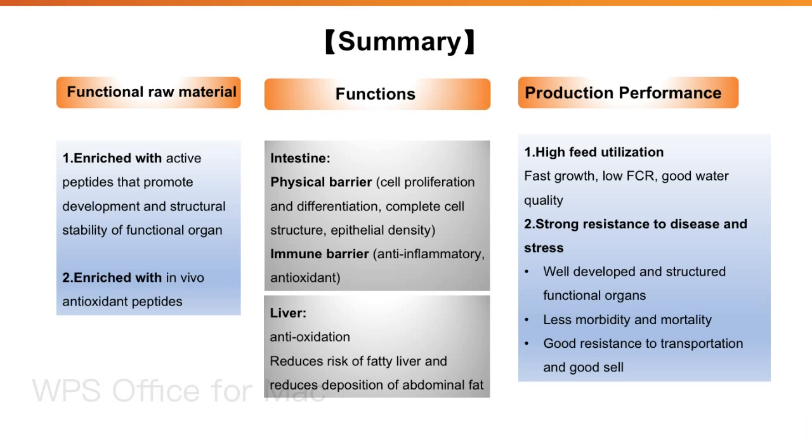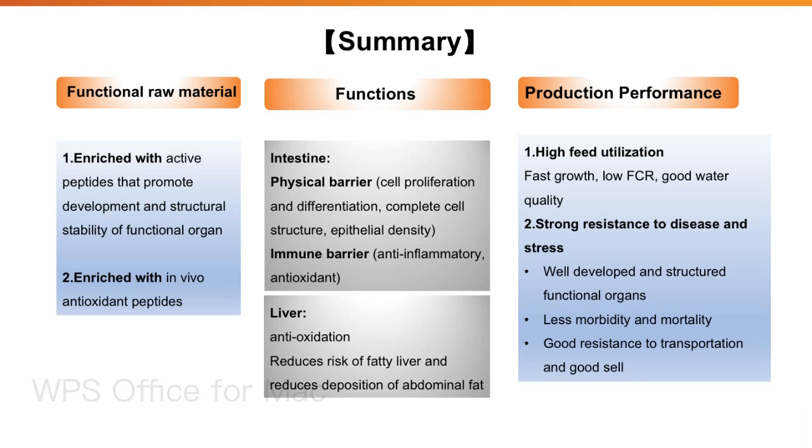And for the liver, by improving the antioxidant capacity of the liver, promoting the health of the liver, protecting the function of the liver, reducing the risk of fatty liver, and reducing the visceral fat deposition. This is reflected in the production of farming: on one hand, high feed utilization, fast growth, low FCR, and good water quality.